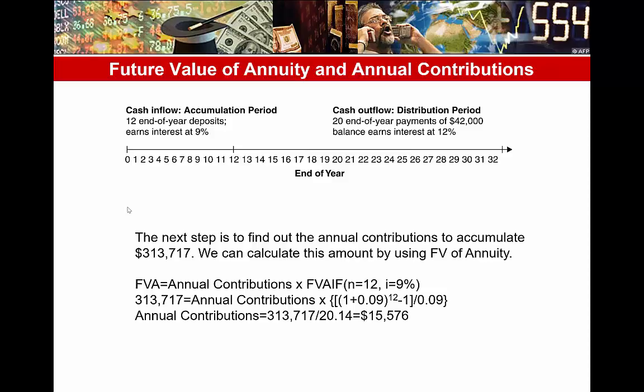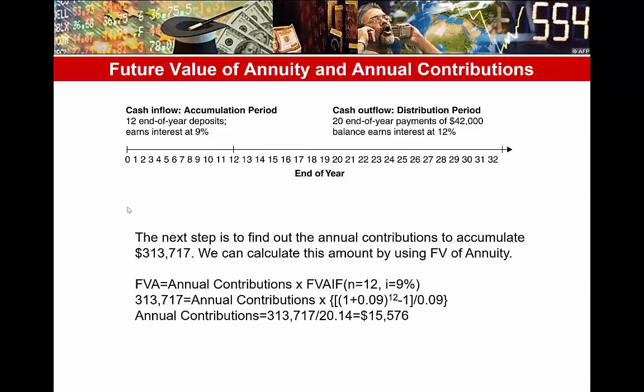And then you could think of how much you need to accumulate until the day that you would like to retire. And then you could turn around and calculate the amount that you need to save per year. So this is a general retirement problem that we all could do our own calculations for.